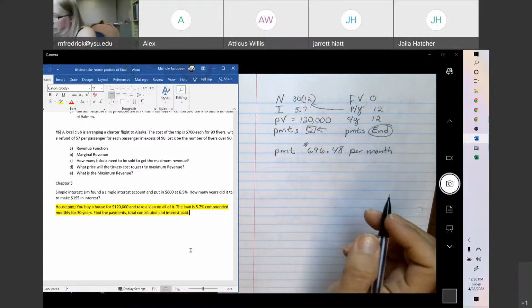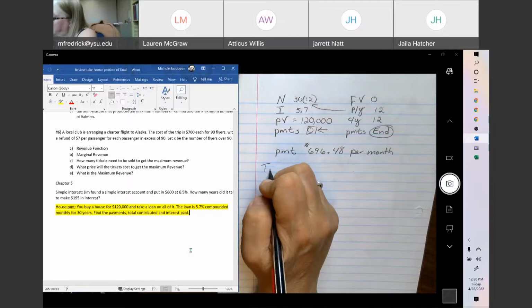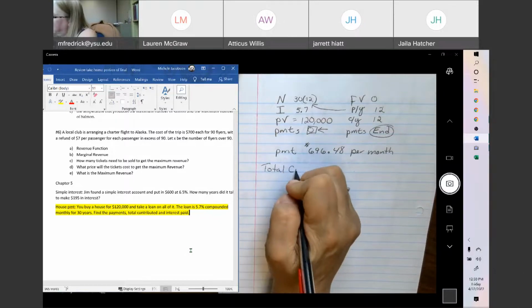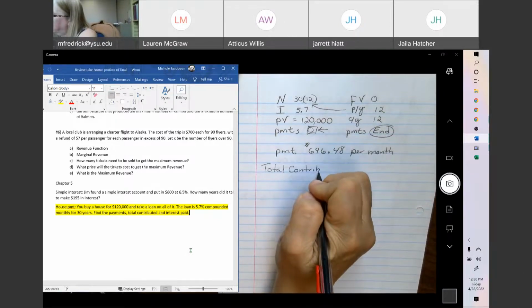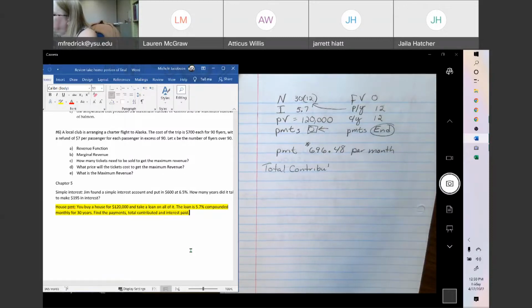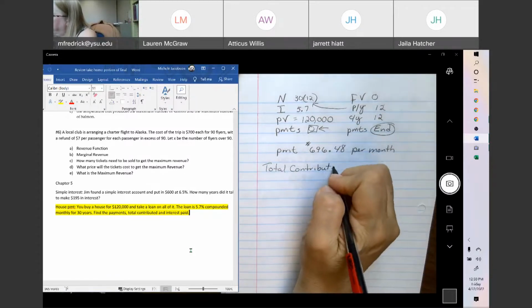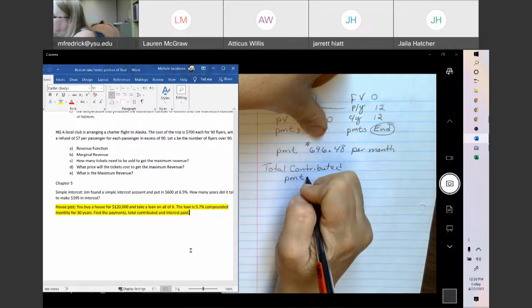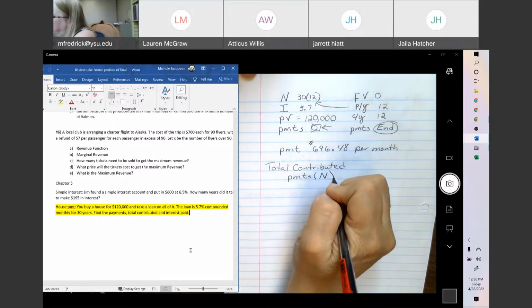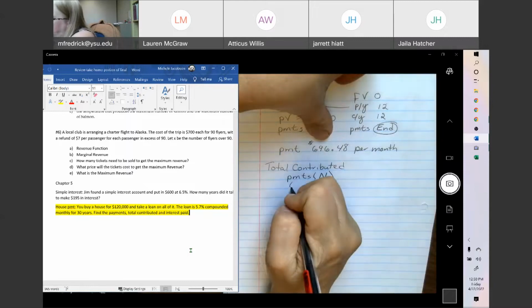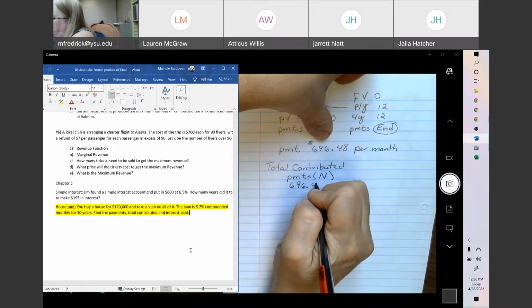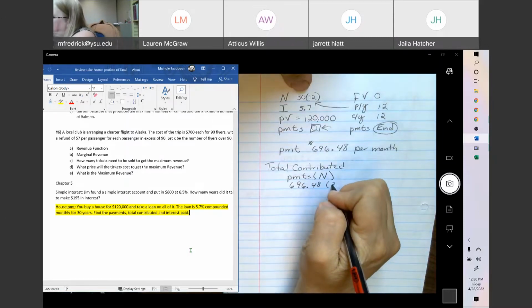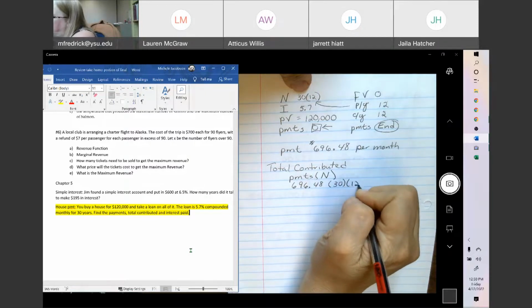Real quickly, total contributed is your payments times N. So 696.48 times 30 times 12.